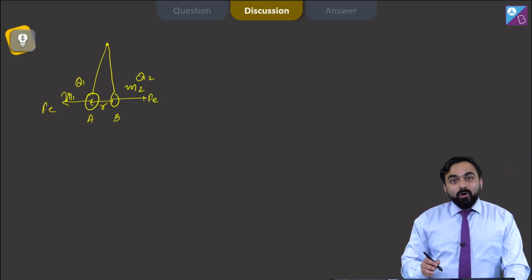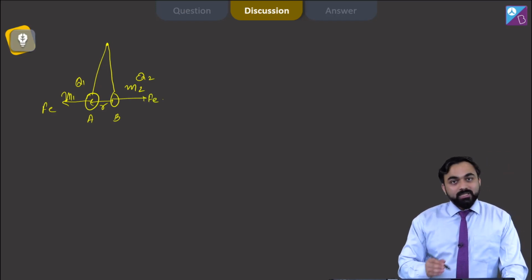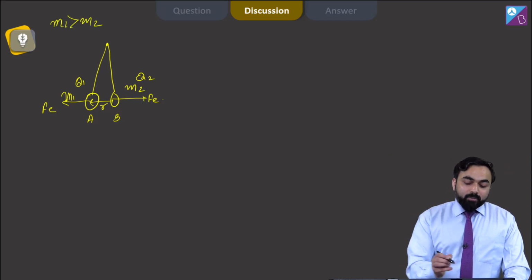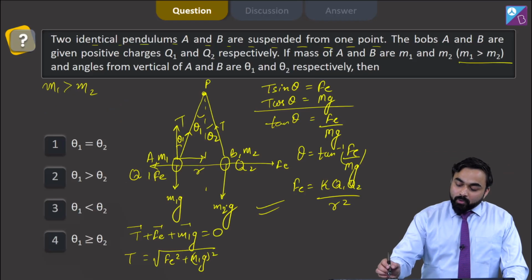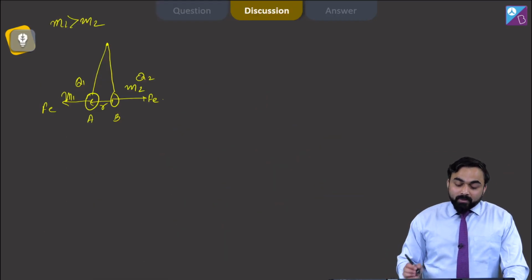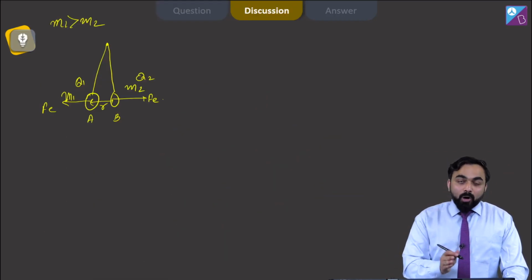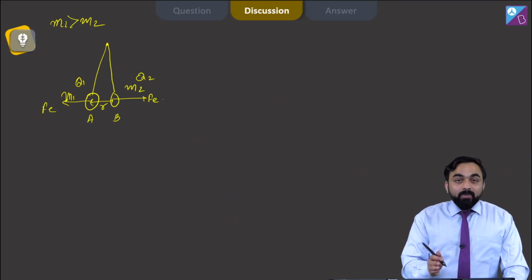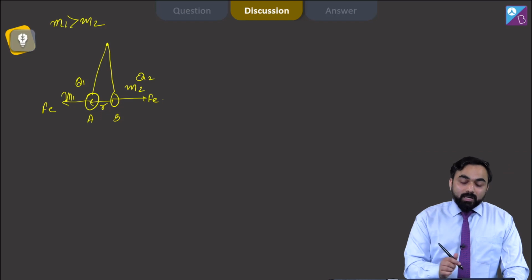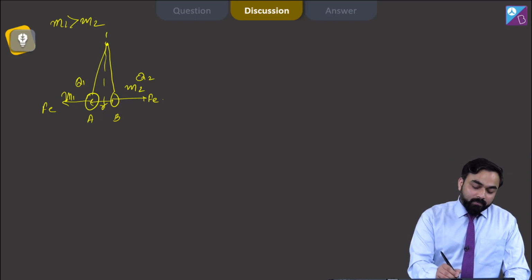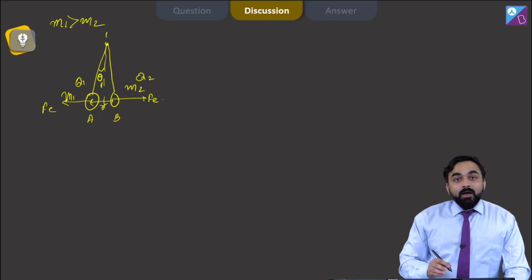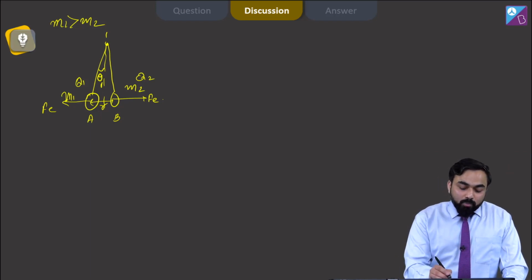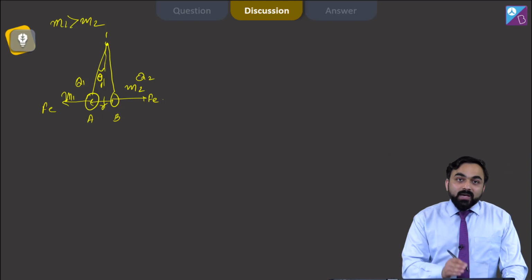The force of repulsion between these two charges is the same, but m1 is greater than m2 as given in the question. So if I am trying to deflect a bob of larger mass with a force, it will be deflected from the vertical by a smaller angle as compared to when I am trying to deflect a smaller mass with the same force.